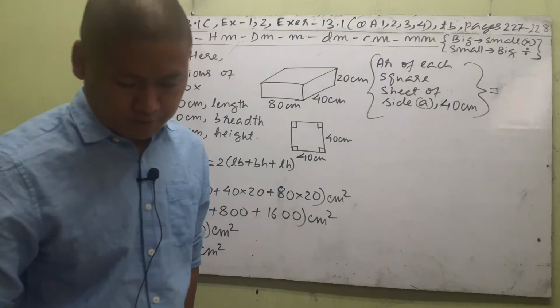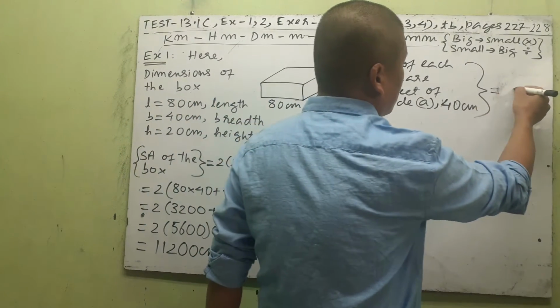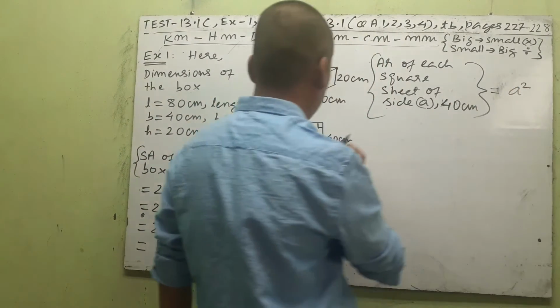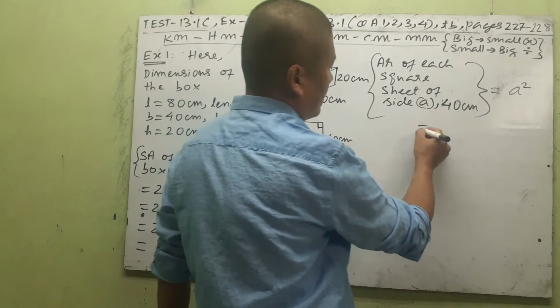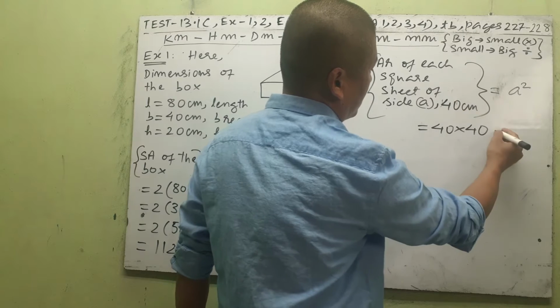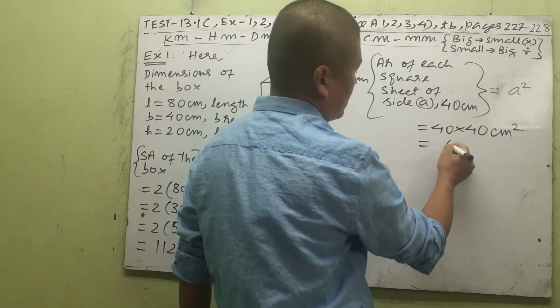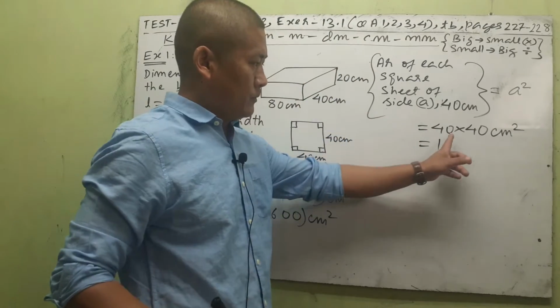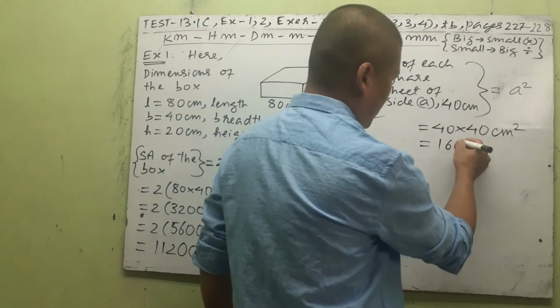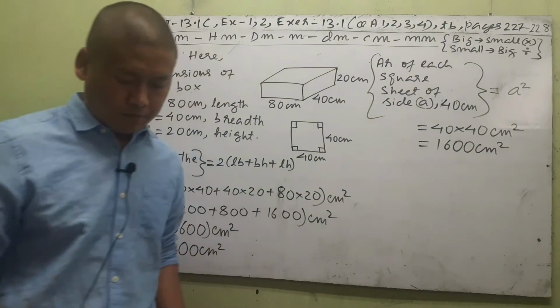The area of a square is side square, so A square. If its side is A, that will be 40 into 40 because it is a square. 40 into 40 area, so centimeter square. 4 4s are 16, and these 2 zeros we can just put at the back. 1600 centimeter square is the area of each square sheet of paper.